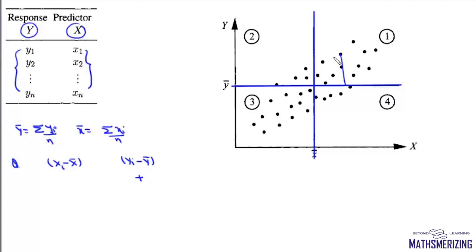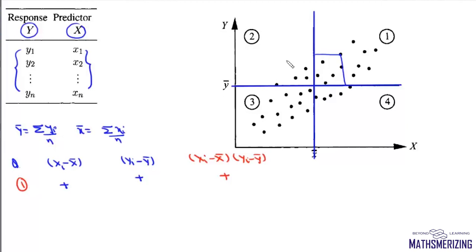And if we consider its deviation from x, xi minus x bar will also be positive. And their product, xi minus x bar into yi minus y bar, will also be positive. So in the first quadrant, this product will be positive.